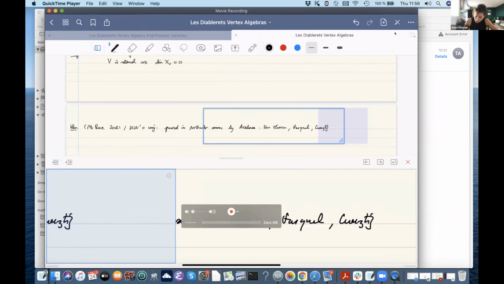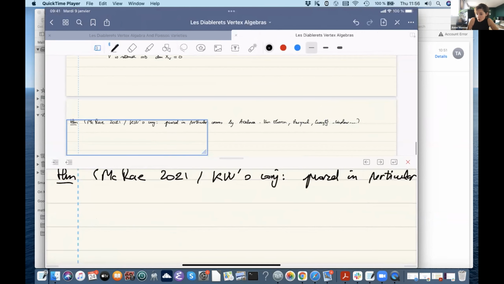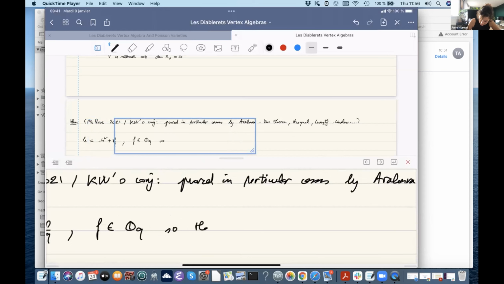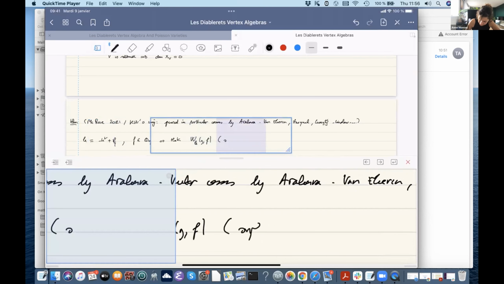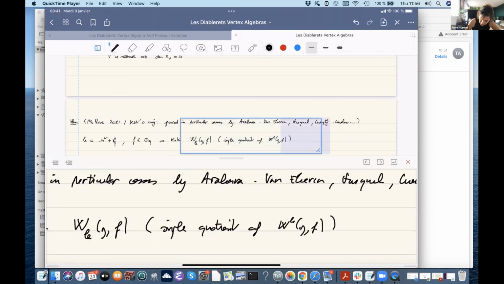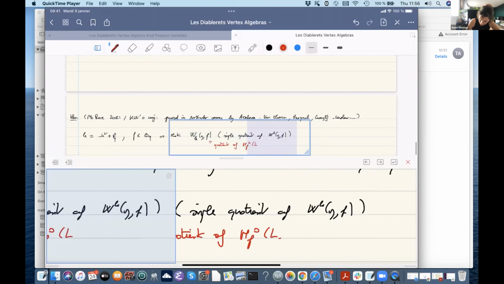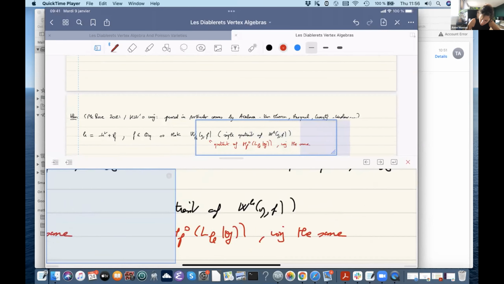Okay. So Arakawa, van Ekeren, Moreau, Creutzig, Linshaw, etc. in particular. Anyway, so the conjecture says the following: K is admissible as usual, and I pick F in O_q so that the simple quotient of the W algebra, which is a quotient of the Drinfeld-Sokolov reduction of the simple one, and conjecturally the same, but we don't need it.